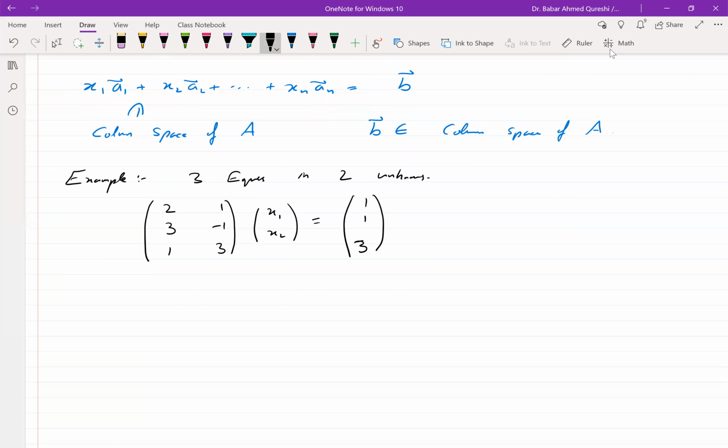So you have 2x1 plus x2 is equal to 1, 3x1 minus x2 is equal to 1, x1 plus x2 is equal to 3. So this can be written like this. And that has to be equal to this.